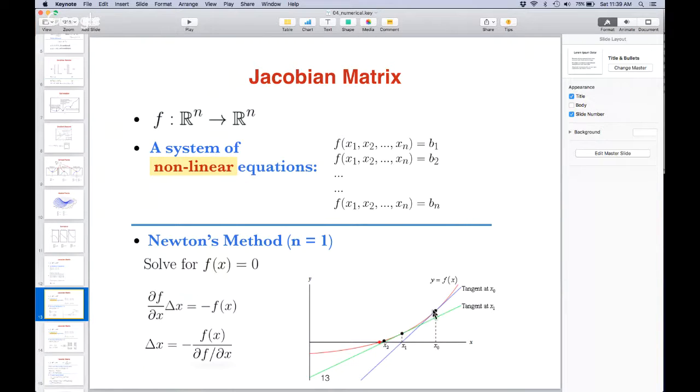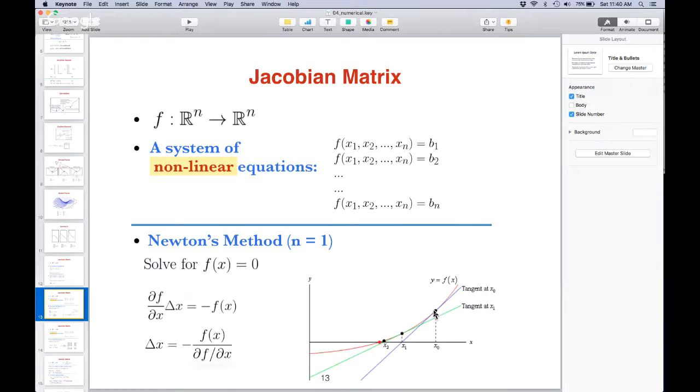Geometrically, Newton's method starts with an initial guess, and then makes its way towards the root by making incremental steps. The step size is given as a function of the derivative of f with respect to x.